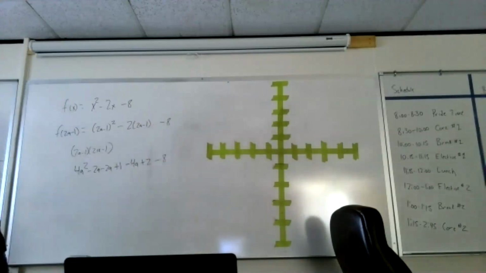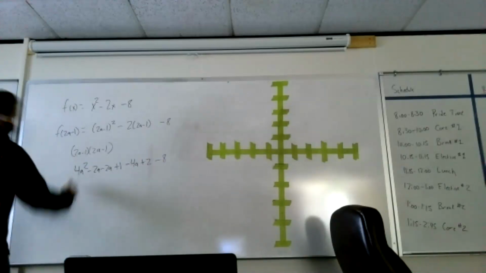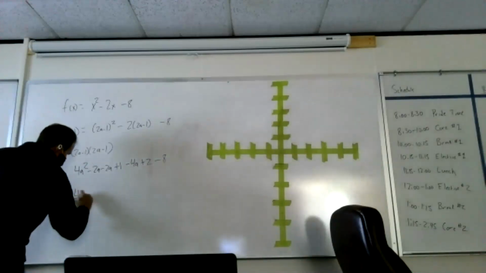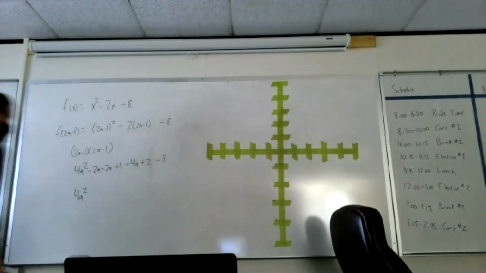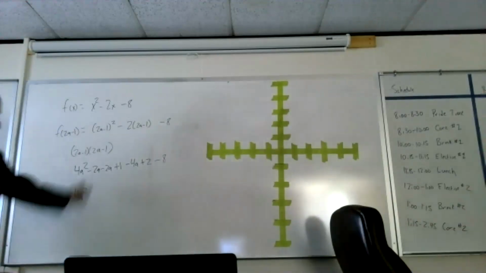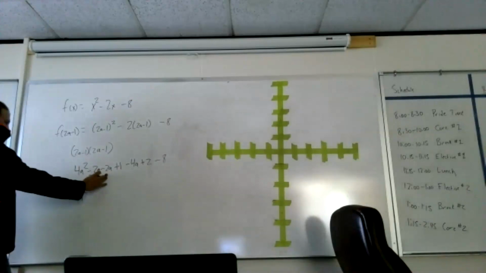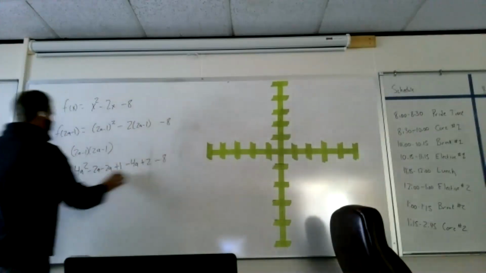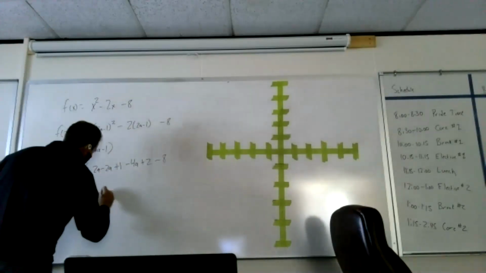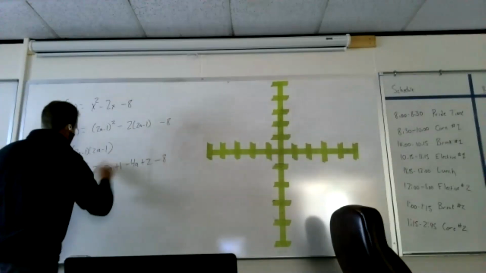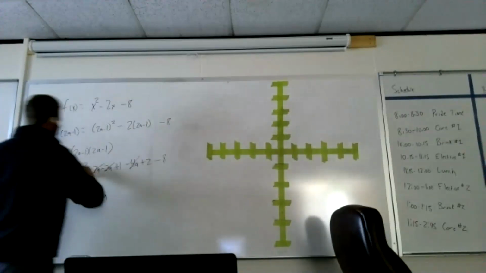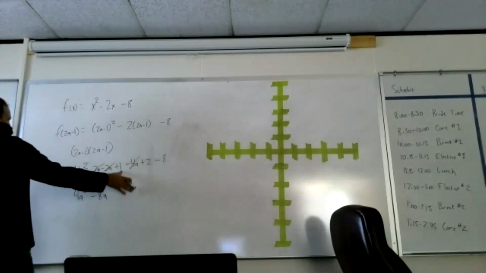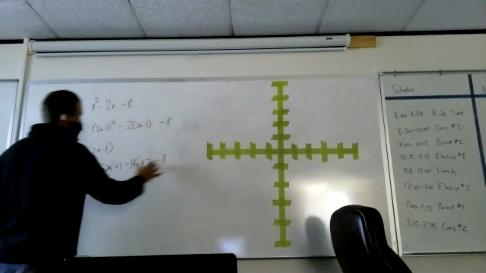So looking at like terms, there is no other element of a squared, so 4a squared is going to stay. I have -2a, a second -2a, and a -4a. Those all combine to -8a, and now those are gone. Now I'm left with a +1, a +2, and a -8.